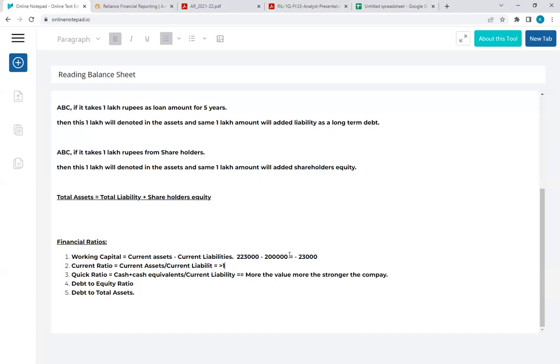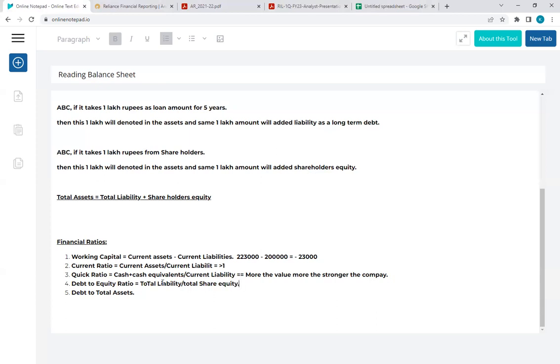The higher the values for these ratios, the more the stability and capability of the company to pay the liabilities. Then we have another two ratios: debt to equity ratio and debt to total assets. If I want to give a formula, it is total liability divided by total shareholders equity.